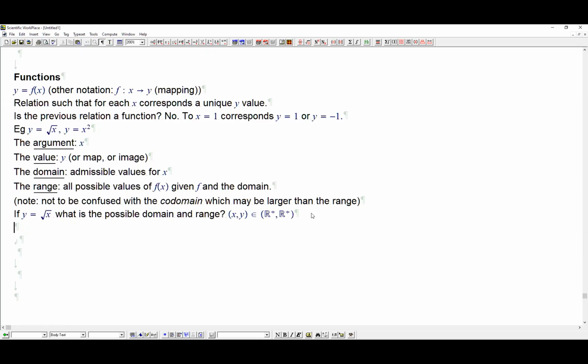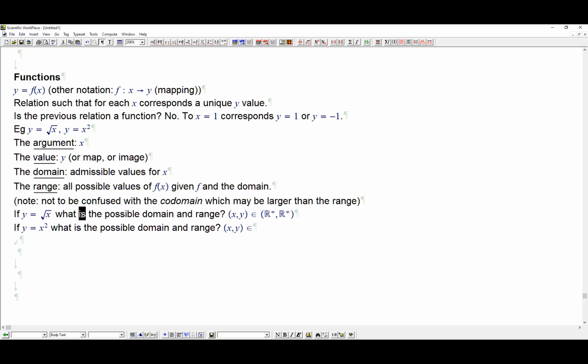Then if I have y equals x squared, oops, not cube, sorry. I could have cube too, but it's less interesting. What are the domain and range?